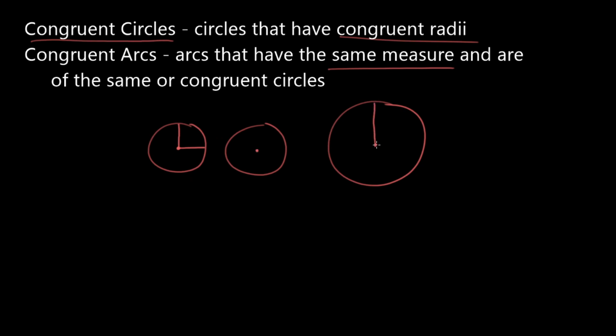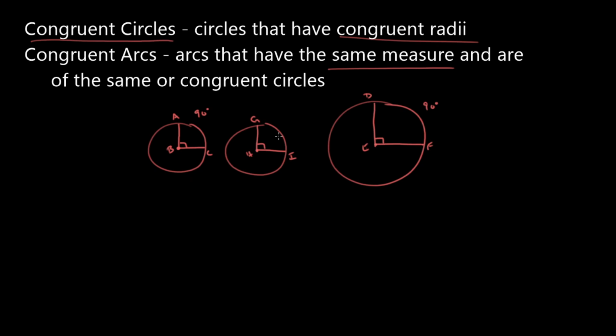I could create two arcs that are both 90 degrees. So this is a 90-degree arc, and this is a 90-degree arc. Maybe I should label some things, A, B, C, and D, E, F. And then we'll make one more, G, H, and I. And this is also 90 degrees.